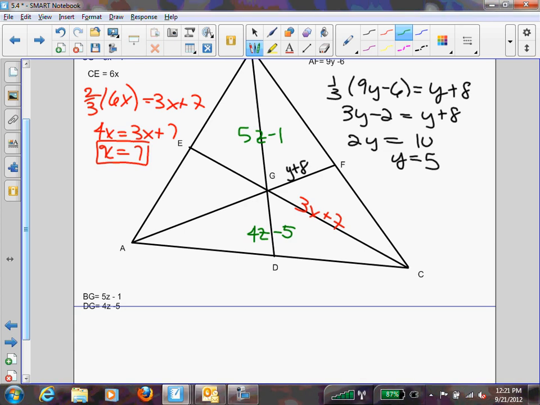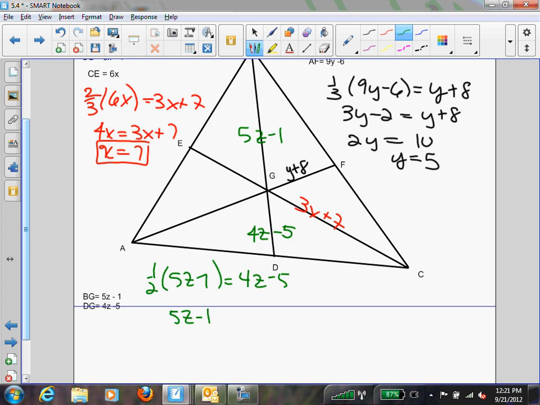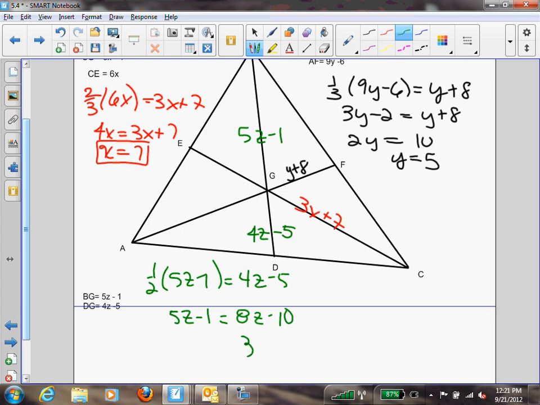Sophia? Perfect. I don't like that too, and I know that when I pull it through, I'm going to have messy fractions, right? Move it to the other side. What am I really doing to the other side? So 5z minus 1 is equal to 8z minus 10. Yes? And so 3z is equal to 9, and so z is equal to 3.